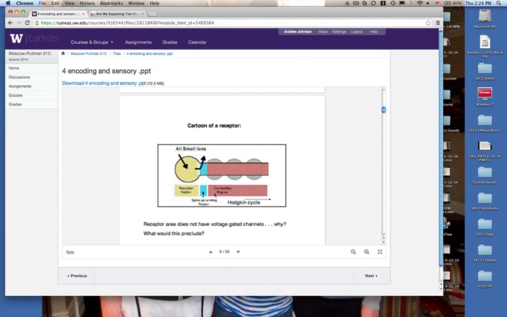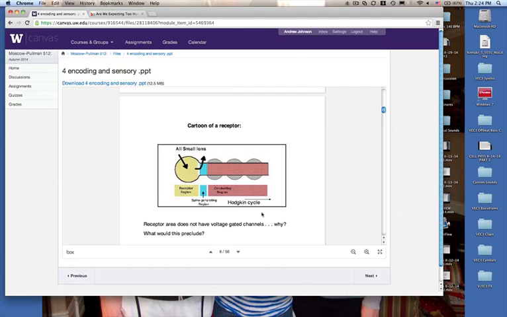So a spike in this case is an action potential. And then you would have a conducting region, and that conducting region would transmit an action potential down, say your axon. So the receptor area itself doesn't have voltage-gated channels. So it doesn't have those voltage-gated sodium channels.